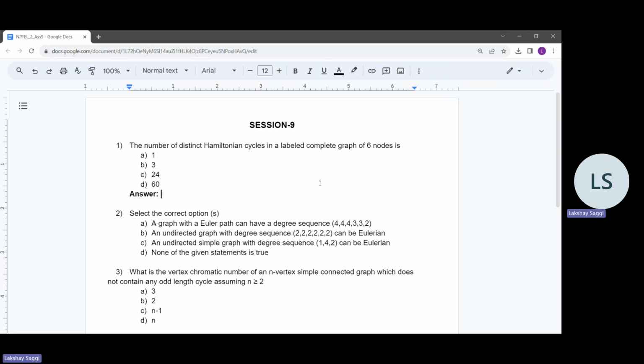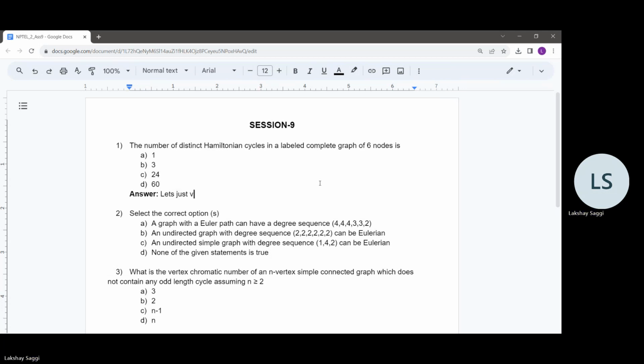Now we want to find the number of distinct Hamiltonian cycles in this labeled complete graph with 6 nodes. So let's view the cycle as nothing but a permutation of vertices.